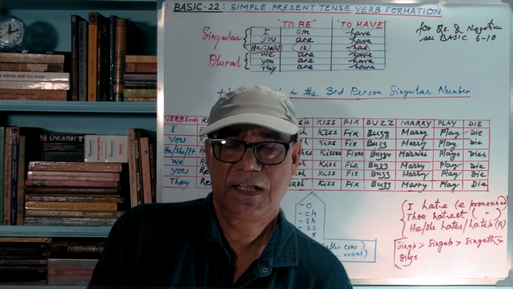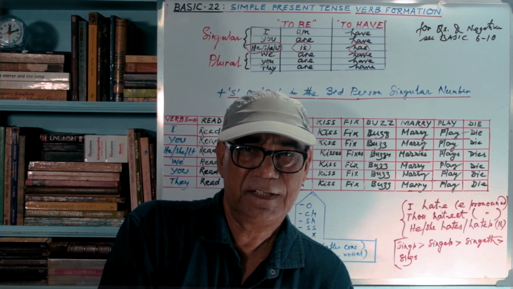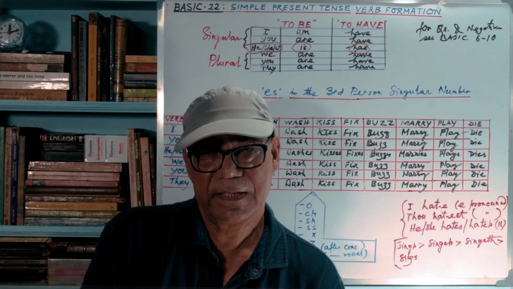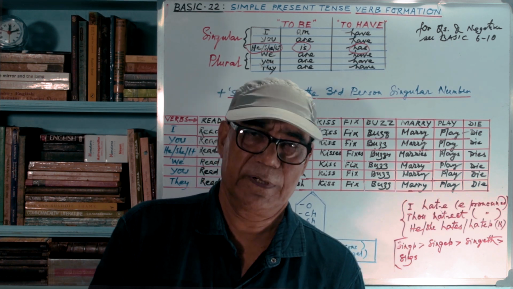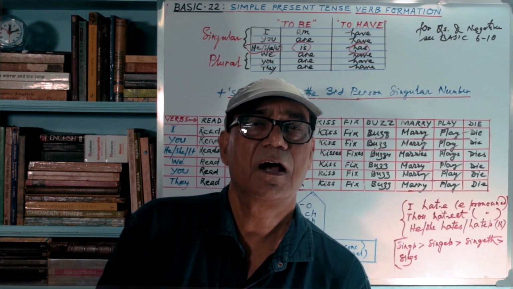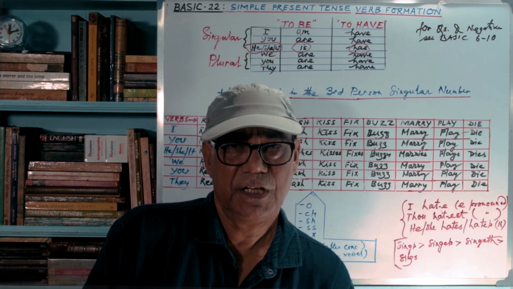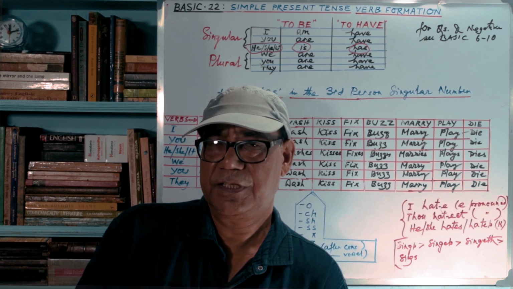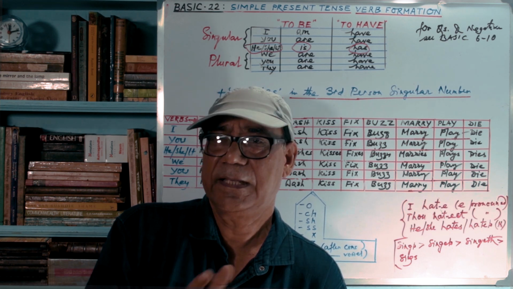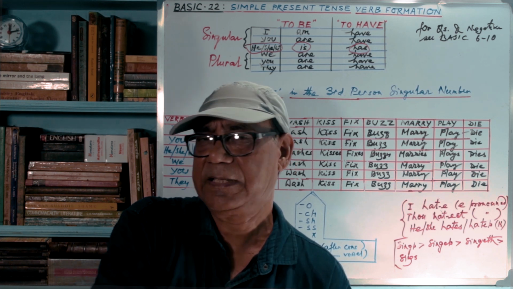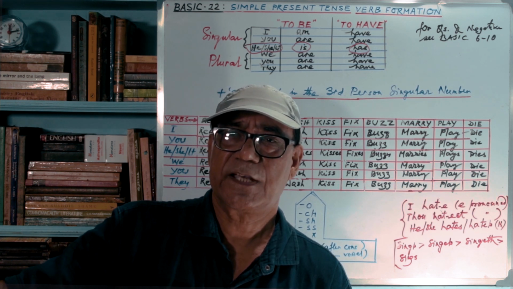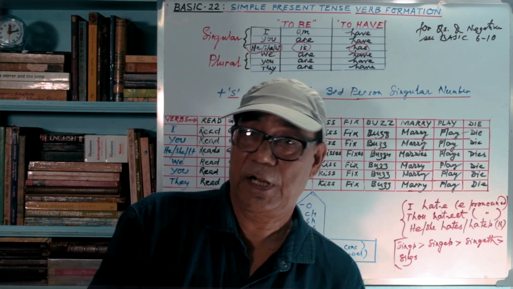And it, if it is neither a man nor a woman, it may be a thing, it may be an idea, it may be a tree, it may be whatever. So this is he, she, and it. These are the three items we have in the third person singular number. And everything, whatever else is there, comes within the category of third person plural number.